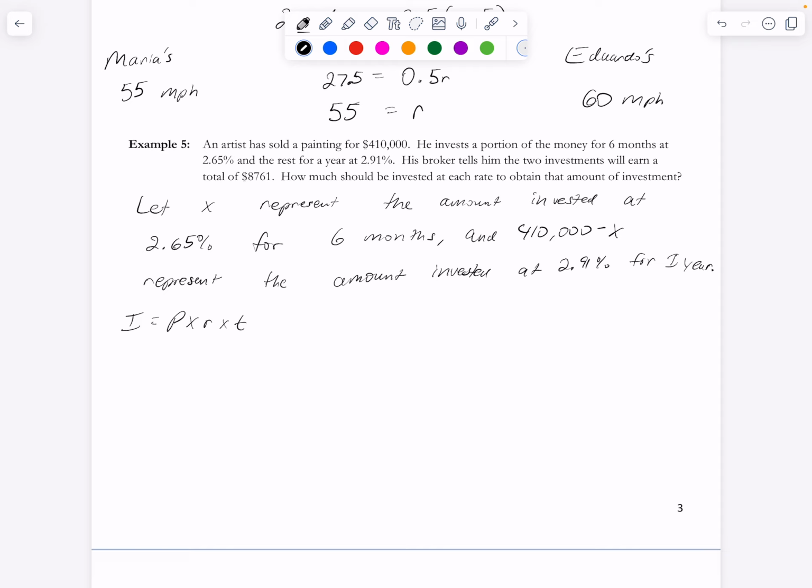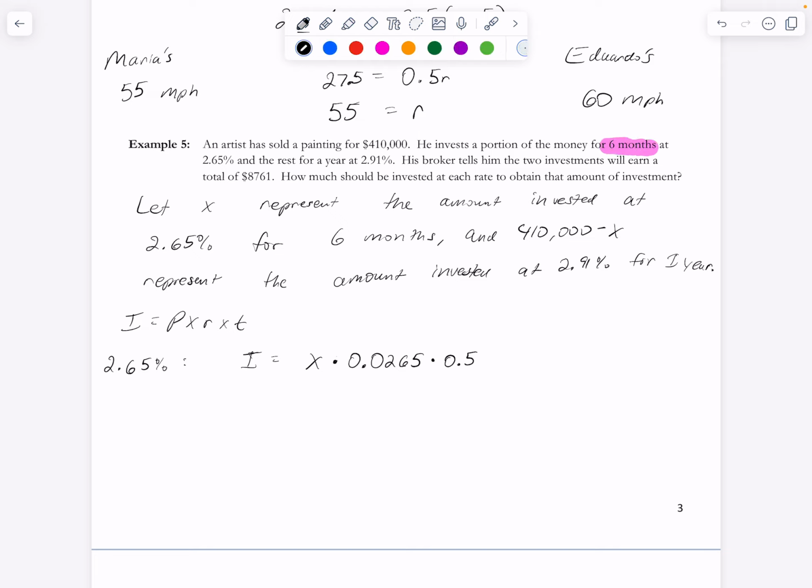And so for 6 months, for the 2.65% investment, the interest is going to be equal to whatever principal we choose, which we're saying is X, times the rate, 0.0265, right? So move the decimal over. And then I'm going to use times 0.5 because they said 6 months, which is half a year.